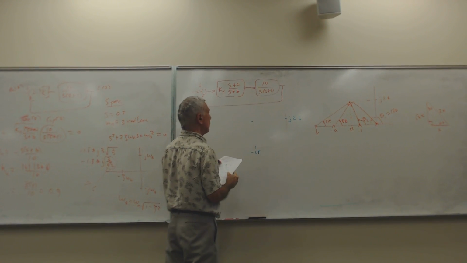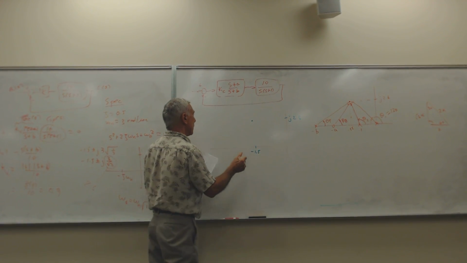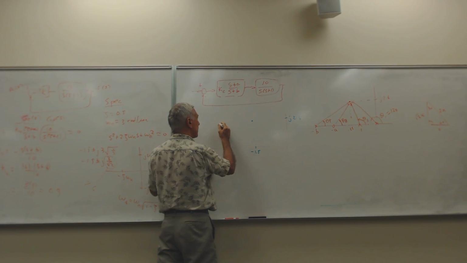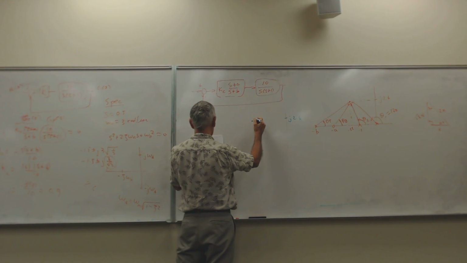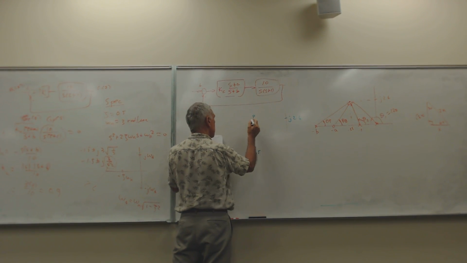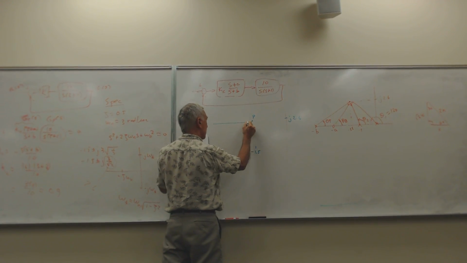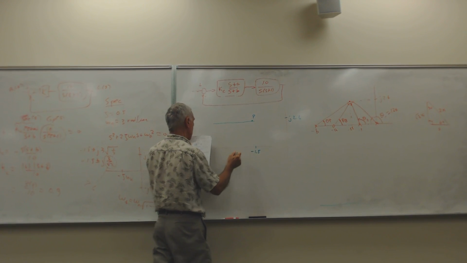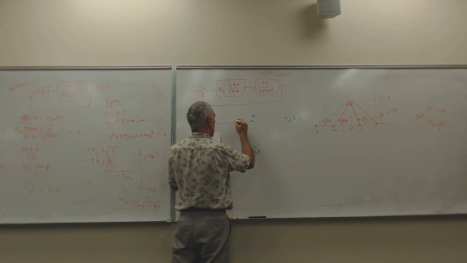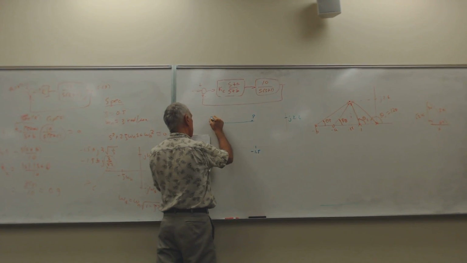What we'll do in this method, we'll call this point P here. We'll draw a horizontal line, and we'll call this point A here.